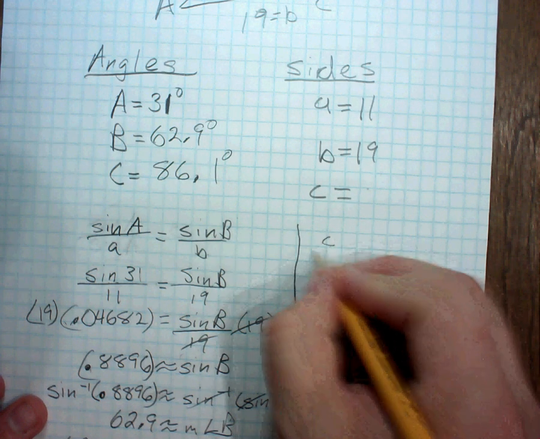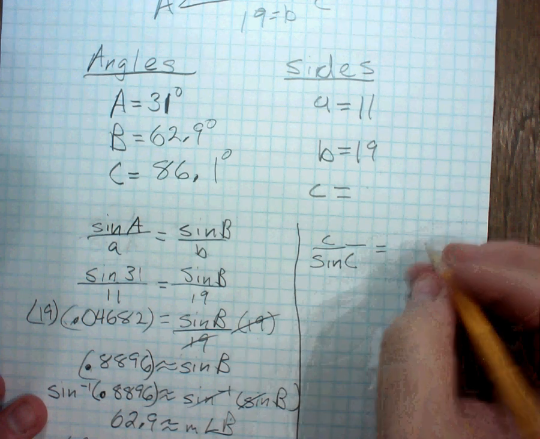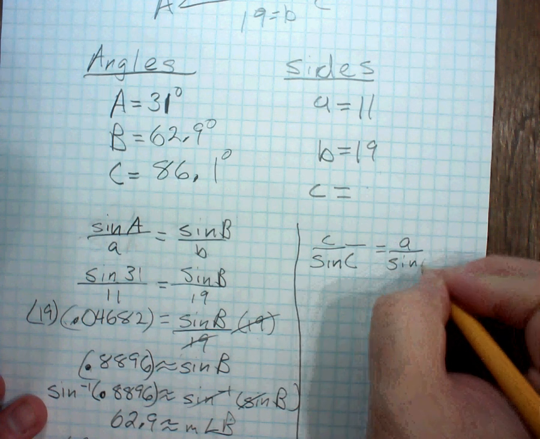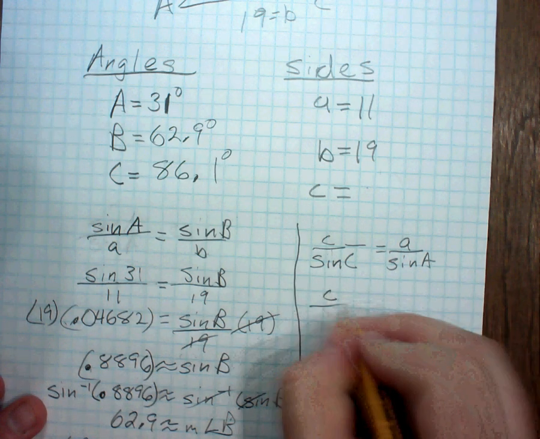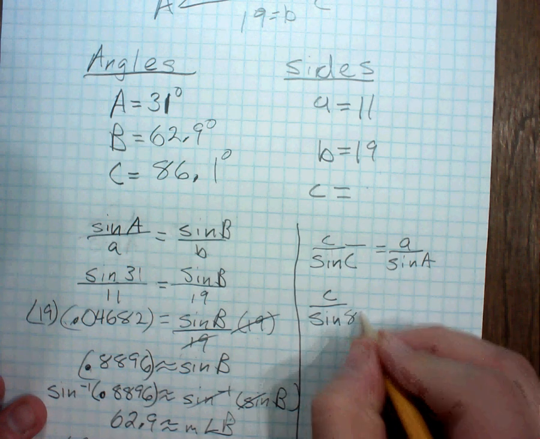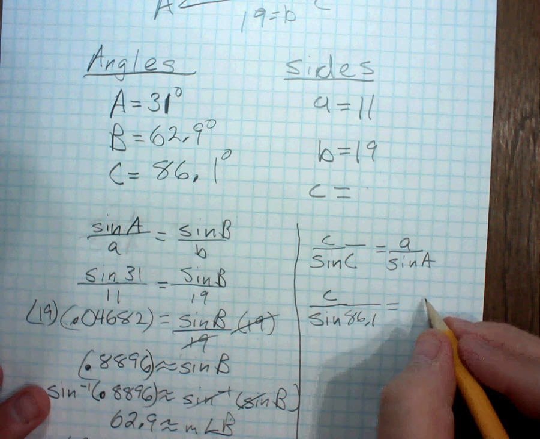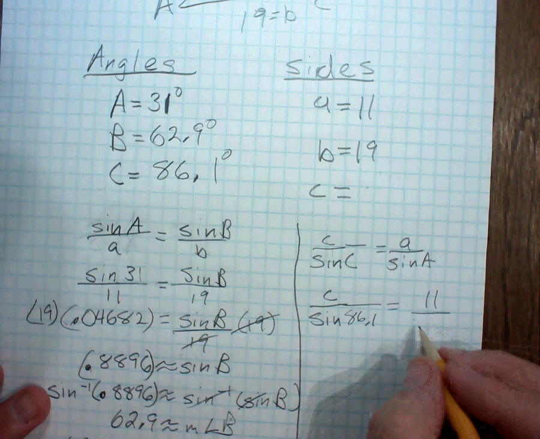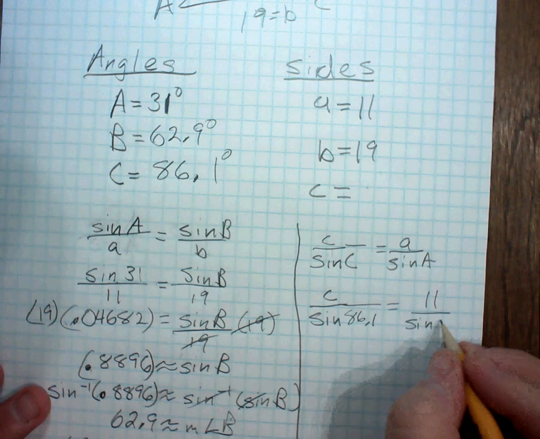I'm going to say lowercase c over sine of capital C is equal to, I'll do a over sine of A. So this is going to be lowercase c over sine of 86.1 is equal to a, which is 11, over sine of 31.